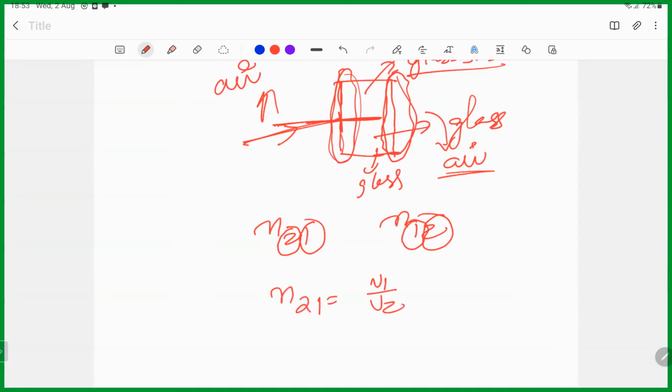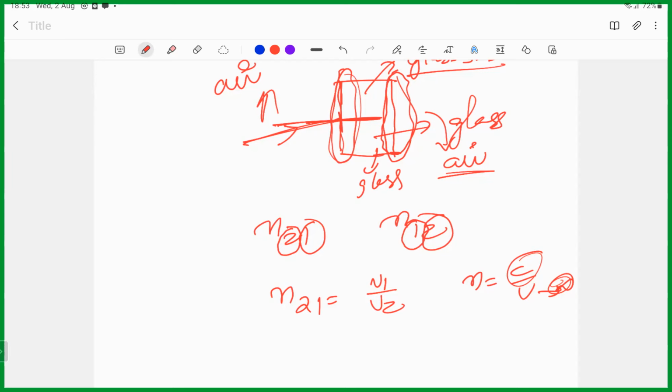The refractive index and the velocity are inversely proportional, right? The formula is n equals c by v. Since c is constant, n is inversely proportional to velocity. That's why n21 is v1 by v2, not v2 by v1.